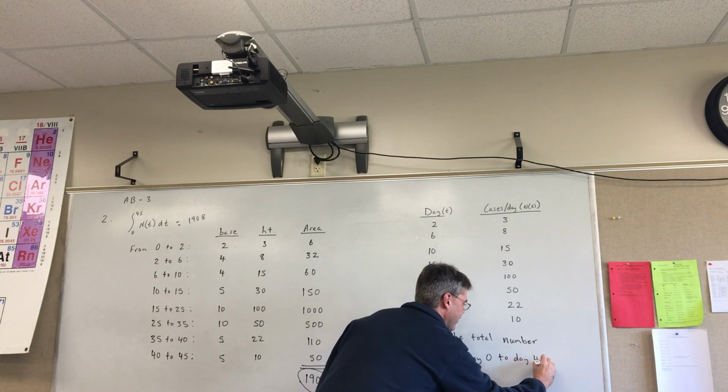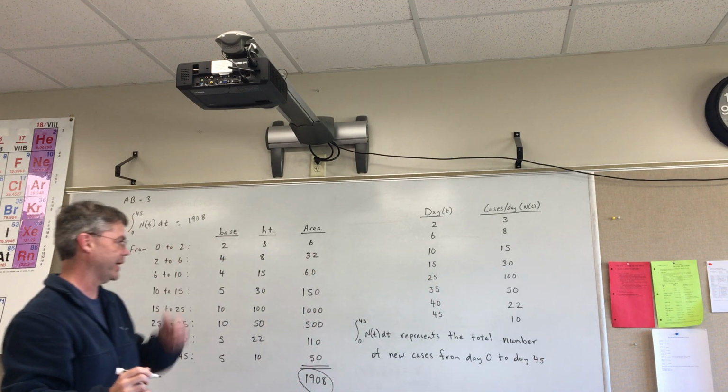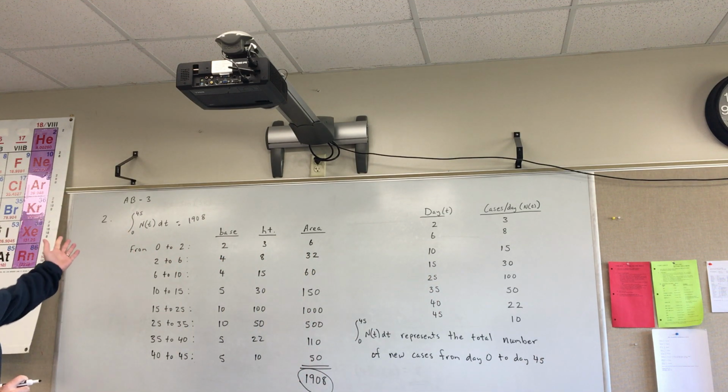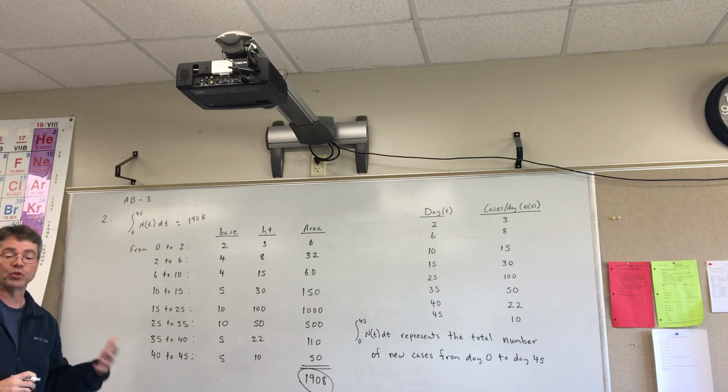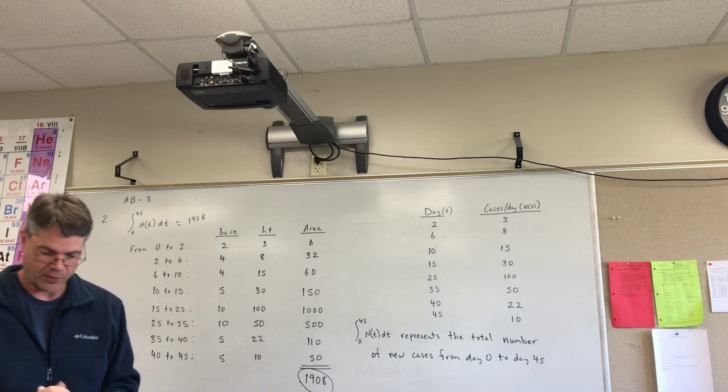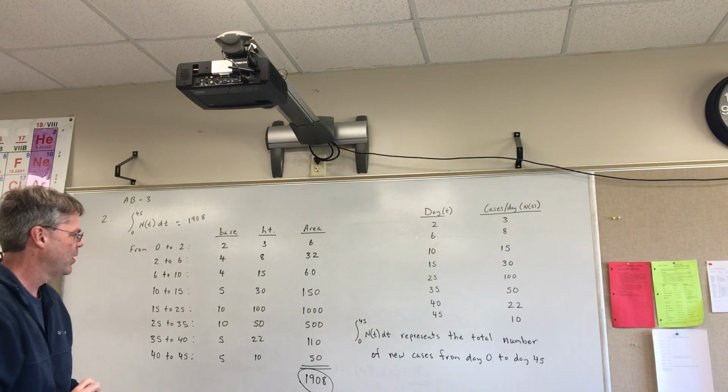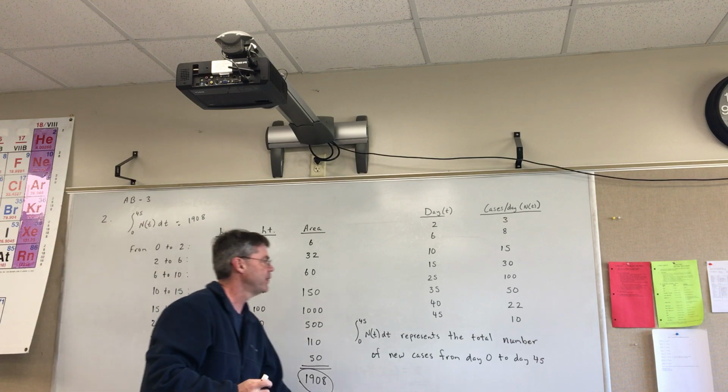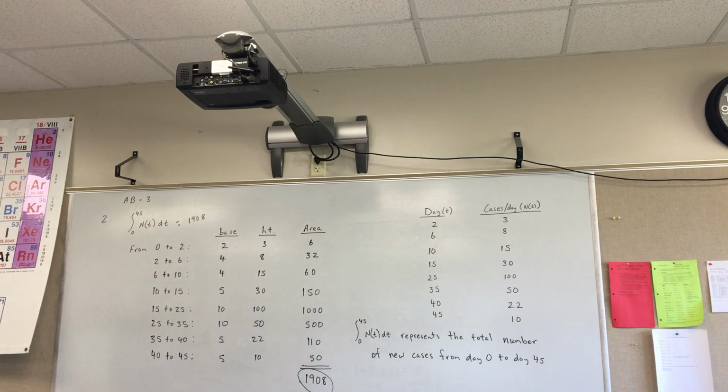So you have to write it out like that. They want an actual sentence in the explanation. So remember, when you're integrating something, you're summing something up. You're totaling something up. All right, so that is what this particular problem is about. Okay, so that is part A. I'll let you pause the video for a second if you need to.